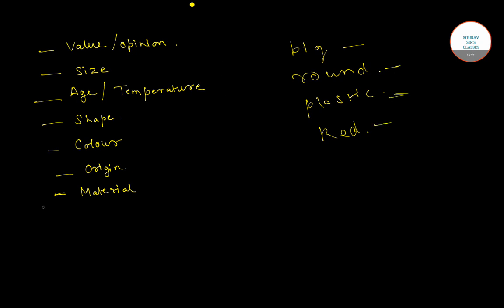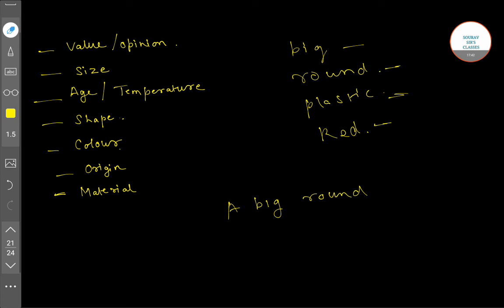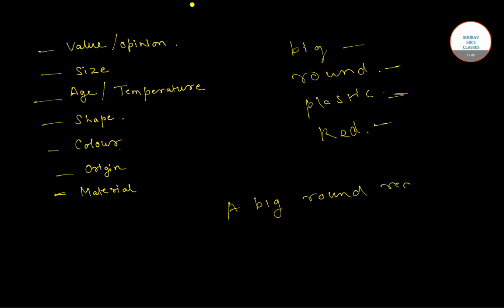So this is size, this is shape, this is material, and this is color. According to the order, first we write size, so a big, then shape, so round, then color, so red, and then the material, so plastic ball.